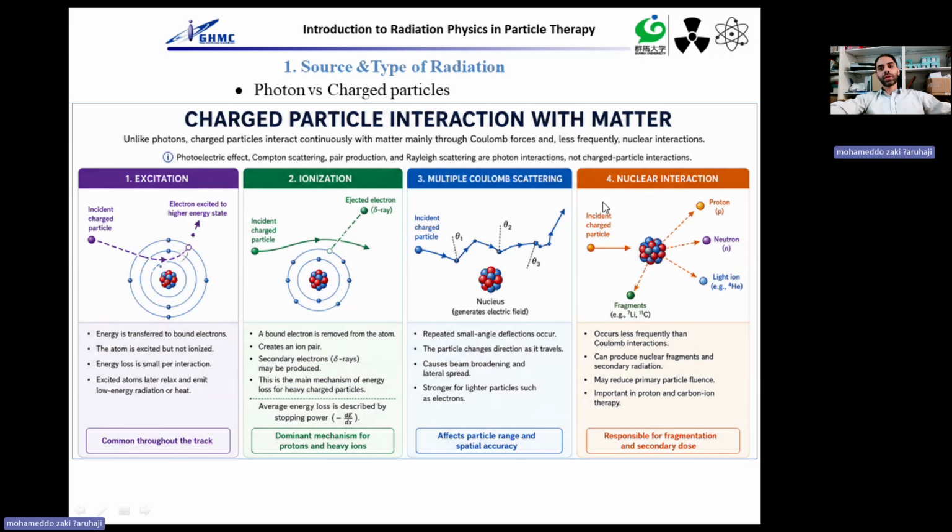Then the last one is the nuclear interaction, which is responsible for, if you remember our Bragg peak, the fragmentation tail. The nuclear interaction occurs less than the Coulomb force interactions. So when we're talking about Coulomb force interactions, we mean excitation and ionization together.